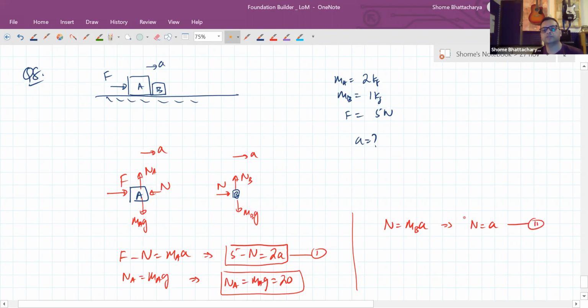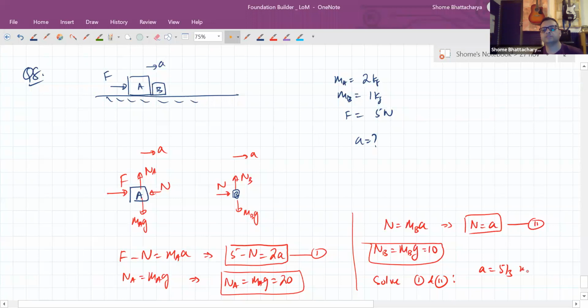That is our second equation. The normal reaction from the floor balances the weight, which will be 10 newtons. Now solve equations 1 and 2. You will get the acceleration as 5 by 3 meters per second square, and the normal reaction as 5 by 3 newtons, because the mass is 1 kg.